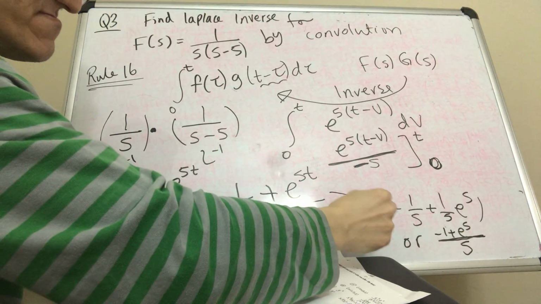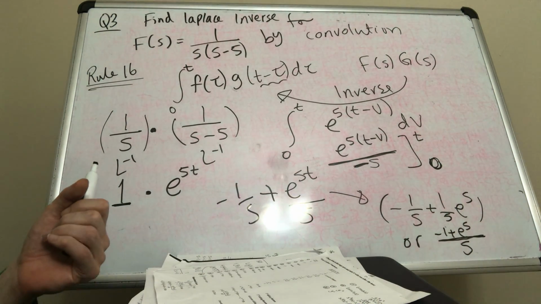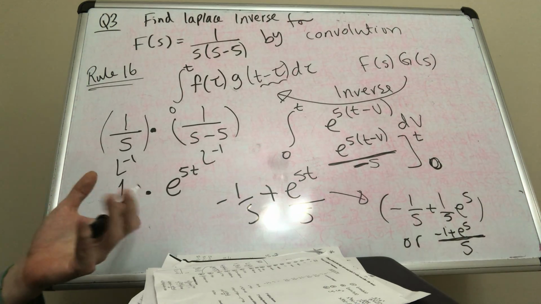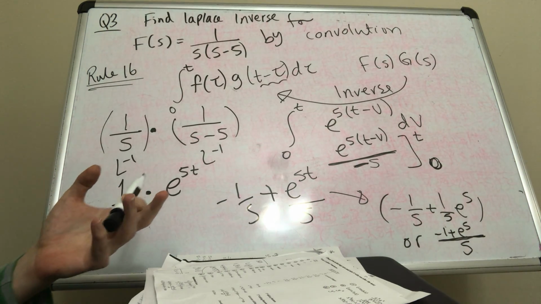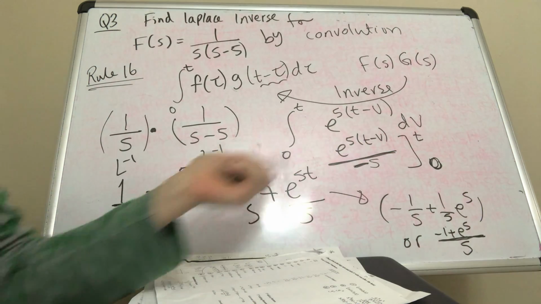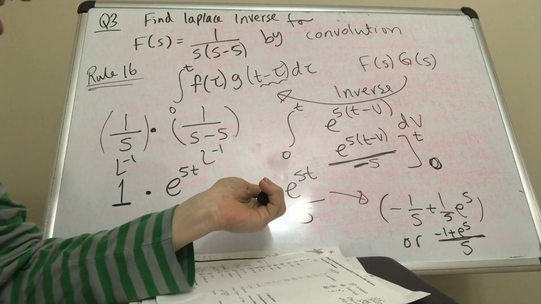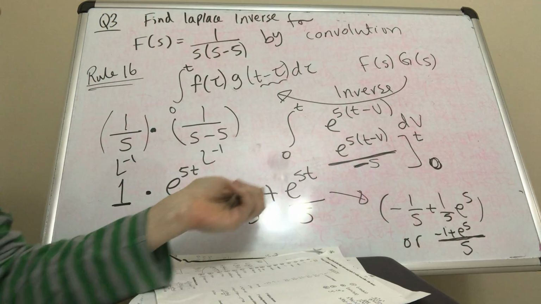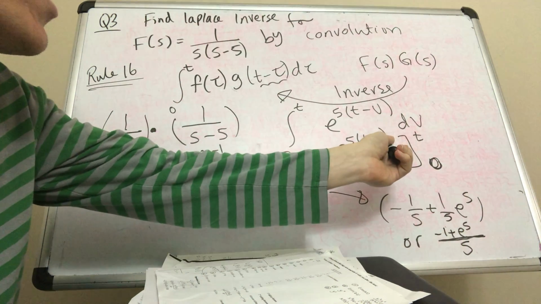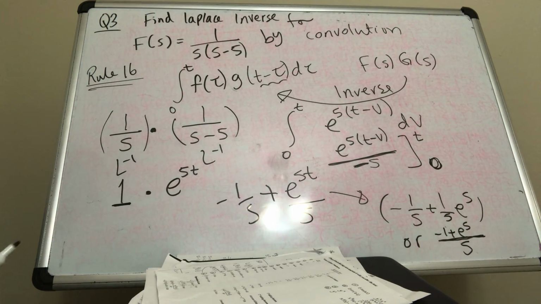And if you see, that's the same answer we got when we did it the normal way. So again, when you replace it by t, it becomes e to the 0, 1 over negative 5, minus turns into plus, and you put 0, becomes e to the 5t over 5. This would be the first part.